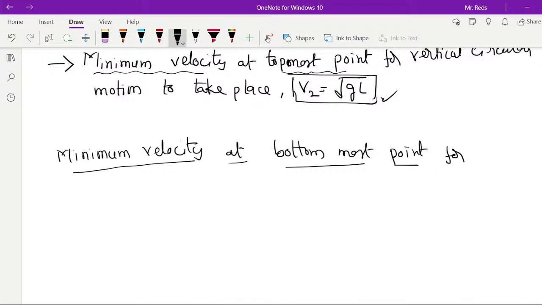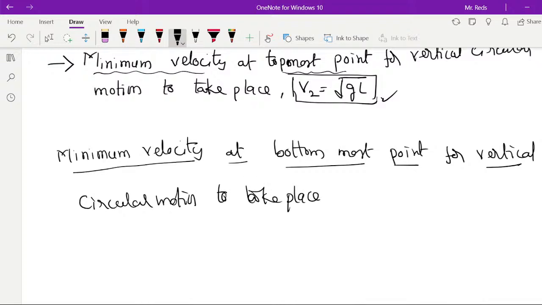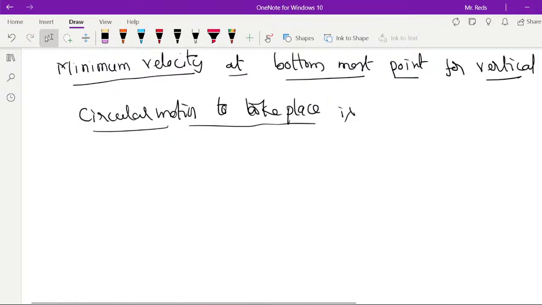Vertical circular motion to take place means for one revolution to take place. Again you have to apply the law of conservation of energy, between the bottom point and the topmost point, everywhere the total energy has to be constant.